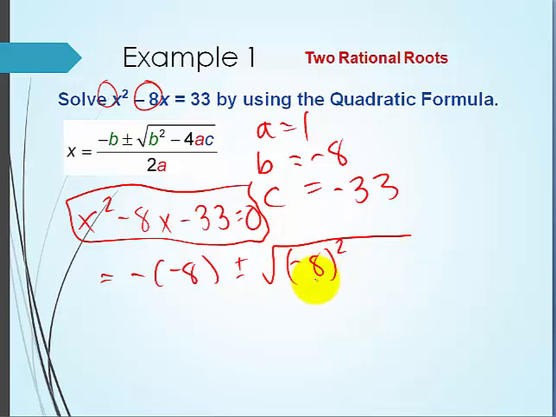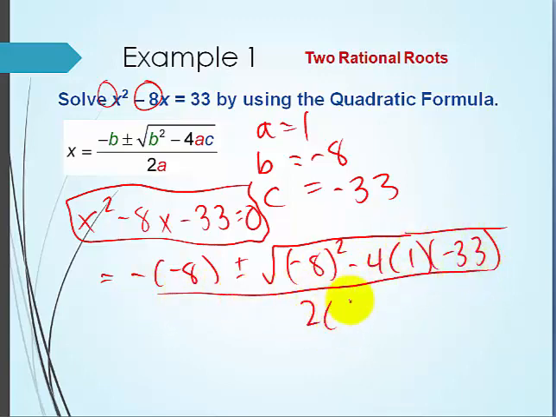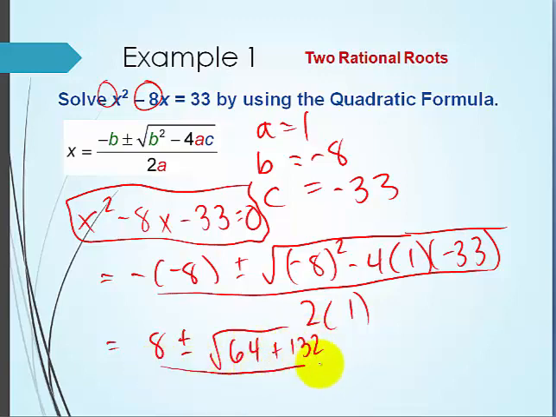Now notice that I square the negative as well as the 8. And then I'm going to simplify. So I get 8 plus or minus the square root of 64 plus 132 all over 2.